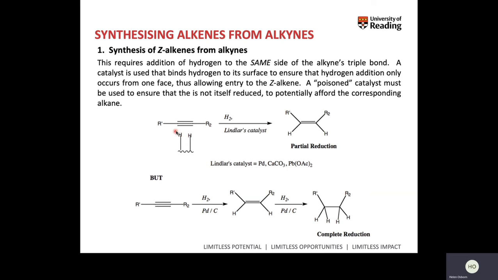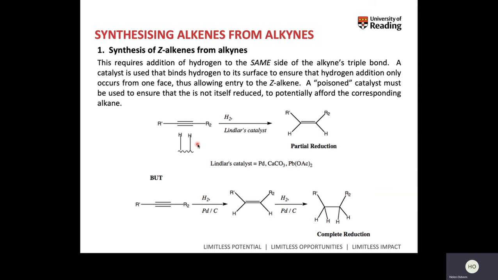That can add to the alkyne on one face of the alkyne, and if it adds to one face of the alkyne, it's going to give this here. It's going to give us the Z alkene, the cis alkene, because the hydrogen has been added to the same side.